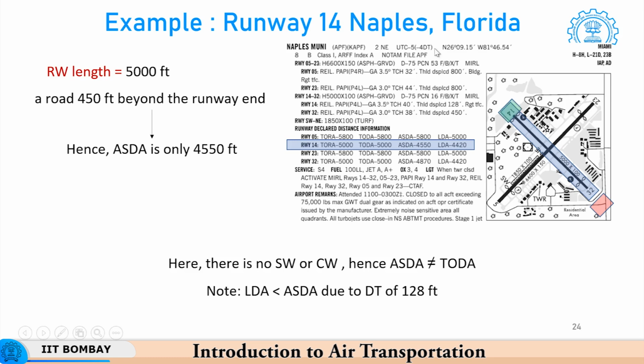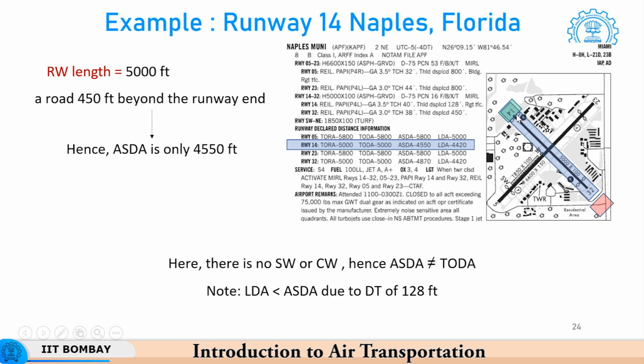Now, there is also a displaced threshold of 128 to 130 feet. Therefore, the landing distance available is going to be less than ASDA. For ASDA, you can start from the end of the runway and come to a stop, but because there is a displaced threshold, some 130 odd feet of runway is not available for landing.